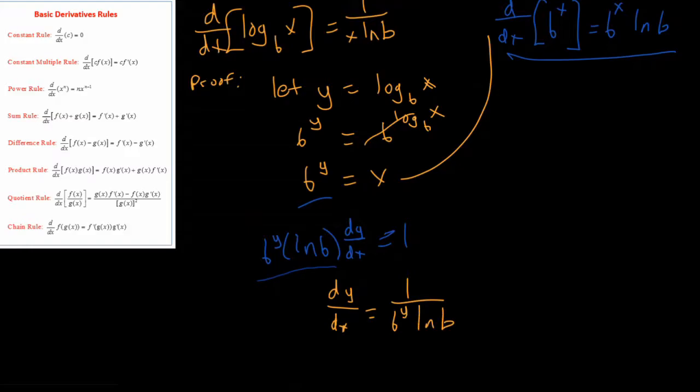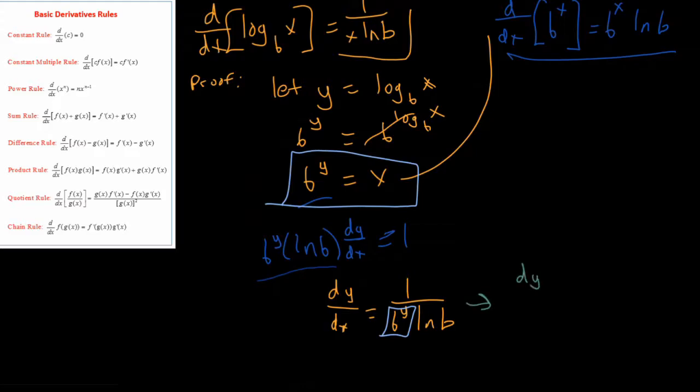You notice how we're getting kind of close to our initial equation up here, and what we have to remember here is that b to the y is equal to x that we set right here. Therefore, we can rewrite this equation as dy/dx equals 1 over x ln b.